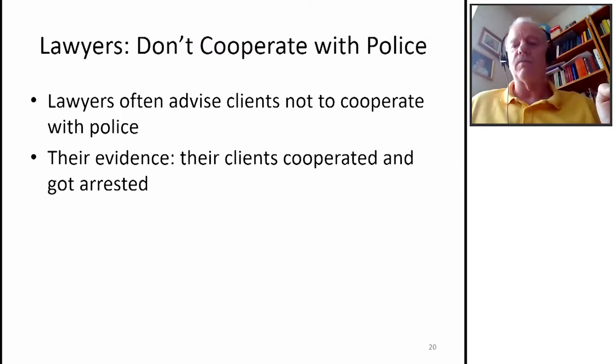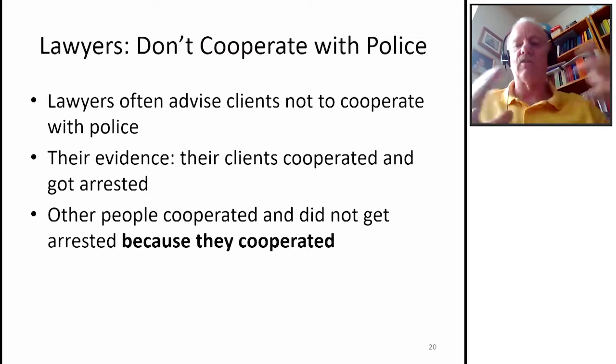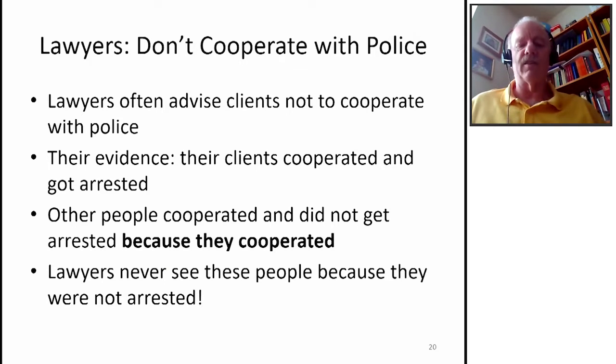They are only seeing the people who got arrested. There may be many other people who cooperated and did not get arrested because of the fact that they cooperated. They allowed the search, and maybe the police felt sorry for them or whatever, and they liked the fact that they cooperated and didn't arrest them. So that's a little bit of a bias, and so that makes it difficult. So lawyers are not seeing the full evidence.